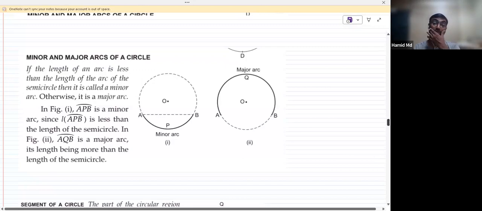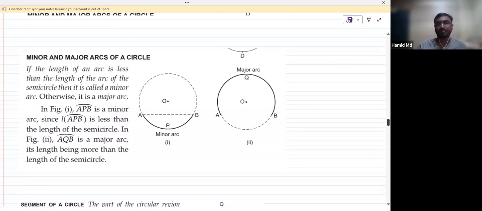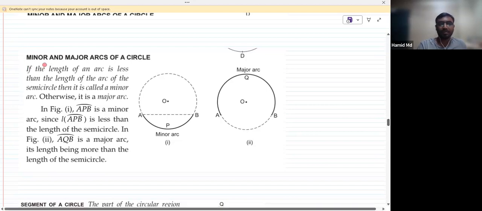Now, this is also very important terminology. We will be using it again and again. Minor and major arc of a circle. So this is the minor arc and this is the major arc, the upper part. I think it will be frequently used.